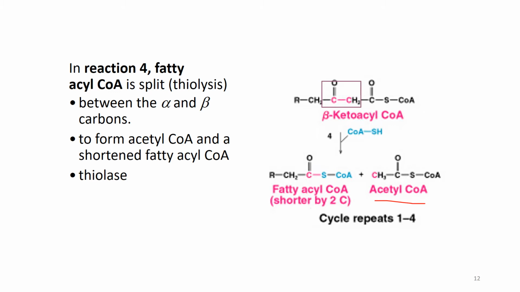And we're going to transfer this group to our new CoA molecule and release our acetyl-CoA. So we shorten our fatty acyl-CoA by 1 acyl unit, and thiolase is the enzyme that is required here. We are making a thioester linkage.